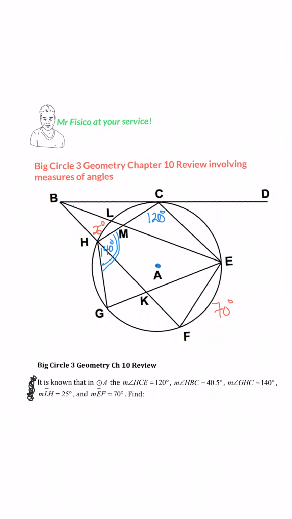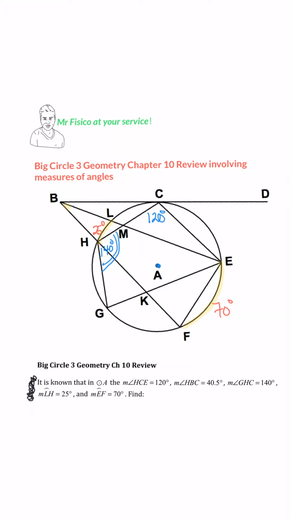Measurement of angle GHC is 140 degrees. Another big angle here, okay? Measurement of arc LH is equal to 25 degrees. Let's change color. 25 degrees. And the measurement of arc EF is 70 degrees. Those are the information provided to us.